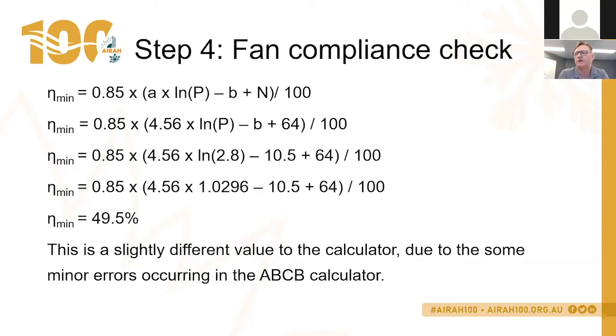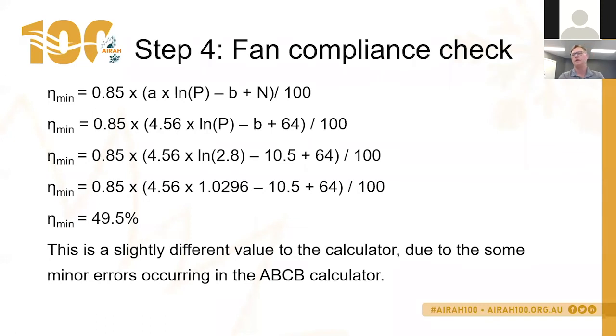The regression coefficients, so the type of fan, the N value for the type of fan for a backward curve centrifugal was 64. So in the second line that's been put in. And then the fan regression coefficients A and B work out to be 4.56 and 10.5 for this particular fan and application, which gives a manual calculation of 49.5%.